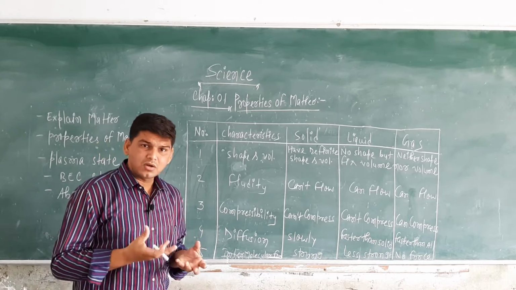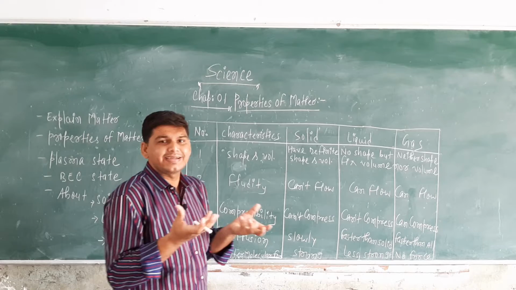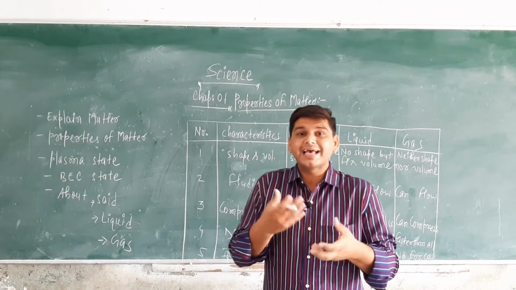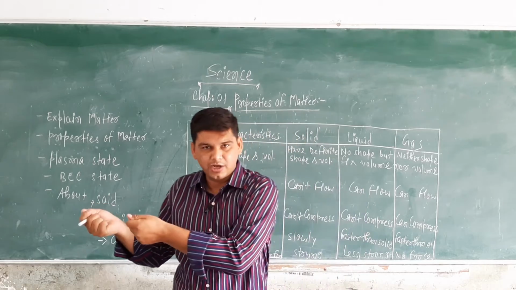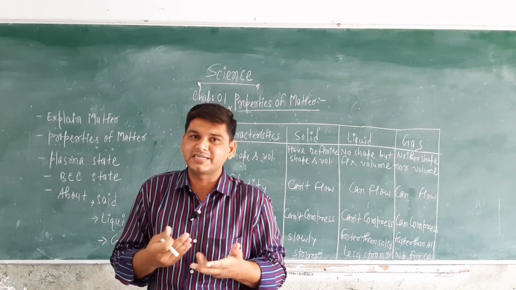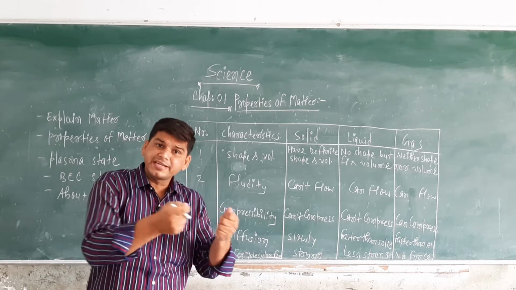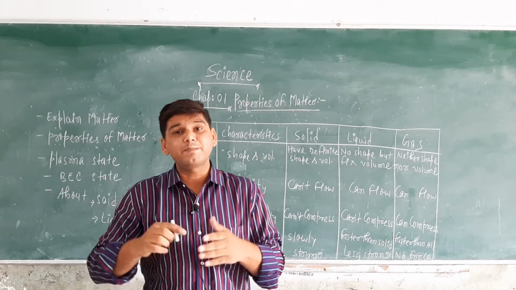So when you provide heat to this type of gas, the gas starts to be heated. When you provide heat to any object, it should be converted into a part of the heated state. So when heat is provided to the gas, the gas gets ionized.